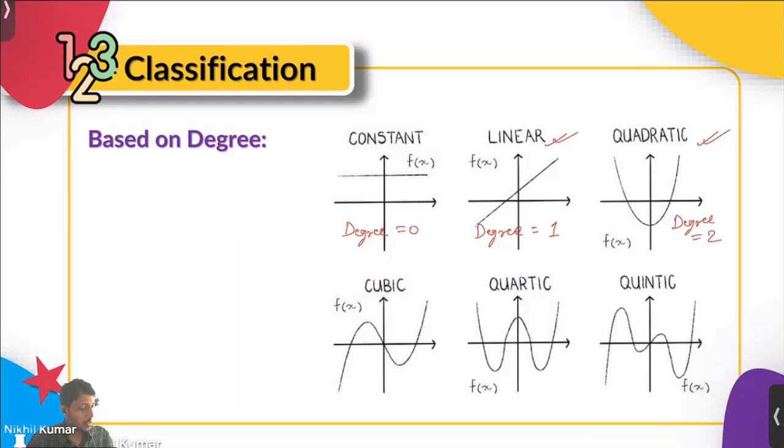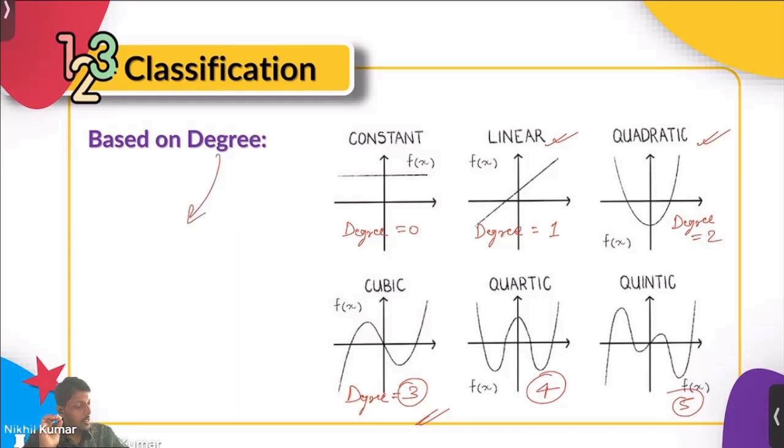Similarly, if the degree is 3, it's a cubic polynomial, degree 4, quartic, degree 5, quintic polynomial. You don't have to remember all the names, just remember till cubic and you should be fine. But what is the degree of a polynomial? Do you recall?